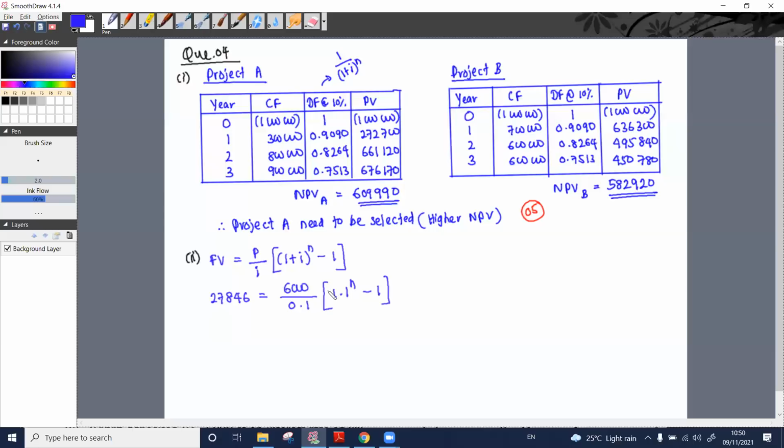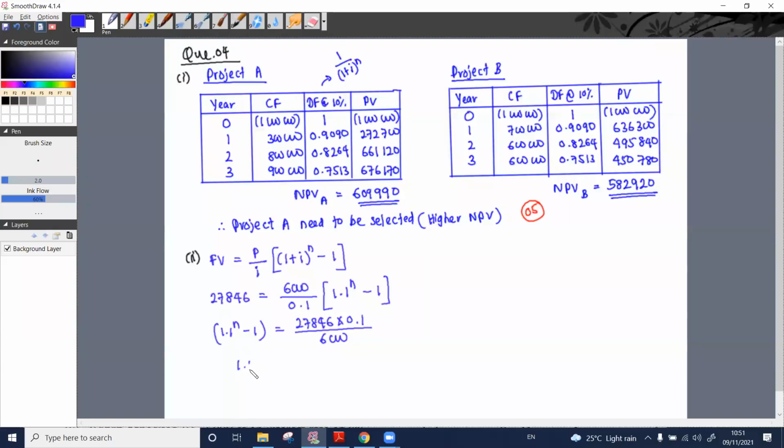So I will take the 1.1 to the power n minus 1 to this side. This should be equal to 27,846 into 0.1 divided by 6,000. We multiplied both sides by 0.1 and divided by 6,000. Then 1.1 to the power n minus 1 will be equal to this.